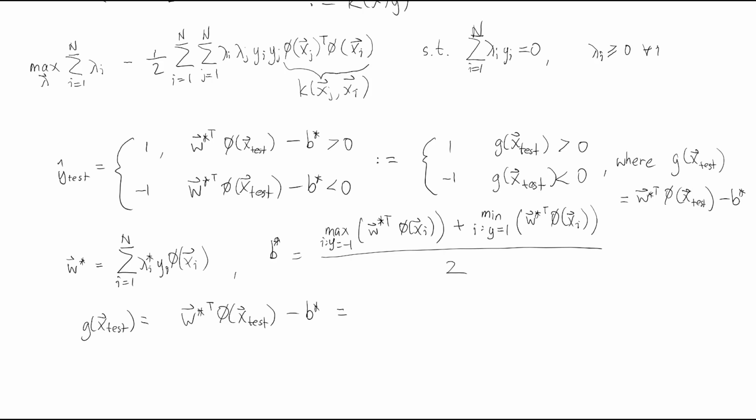So this is going to be the sum of i equals 1 to big N of lambda i star yi phi of xi. Okay, so all of this is our W star transpose times phi of x test, minus B star.